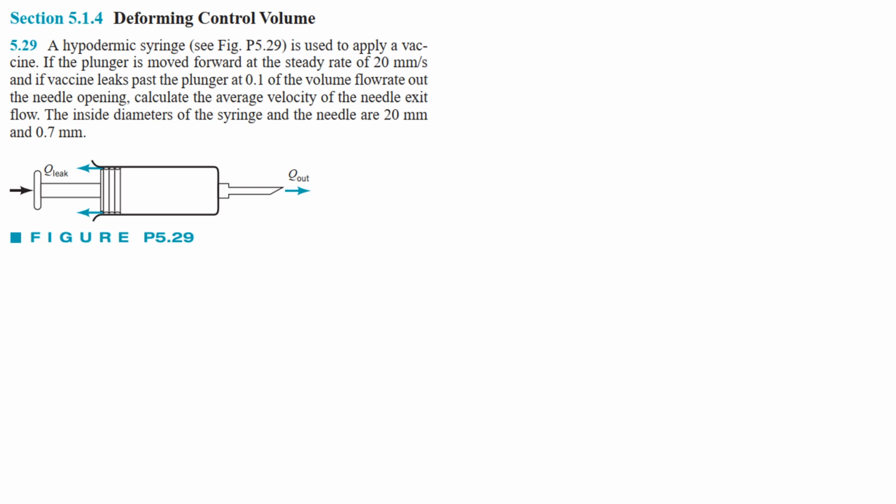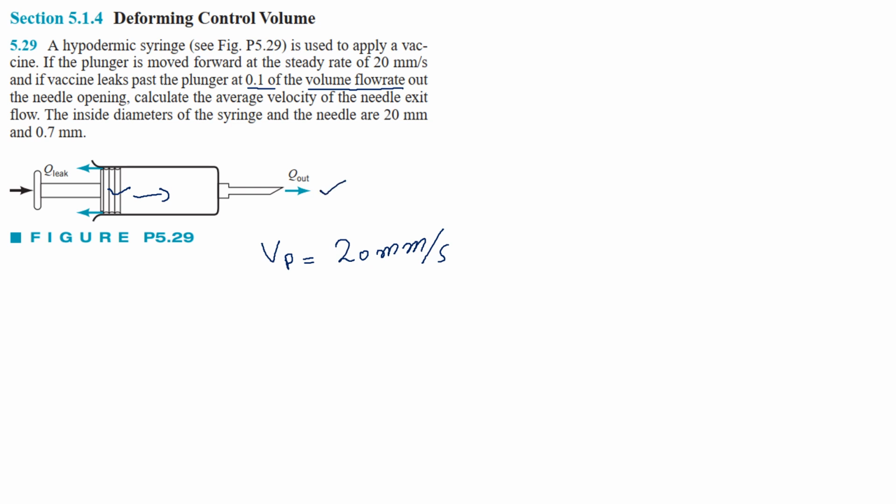If the plunger is moved forward at a steady rate of 20 millimeter per second, this is the velocity of the plunger. Mind the units, they might be changed later or not. Let's see. And if vaccine leaks past the plunger at 0.1 of the volume flow rate out of the needle opening.